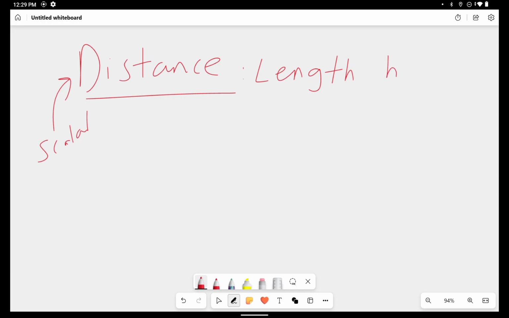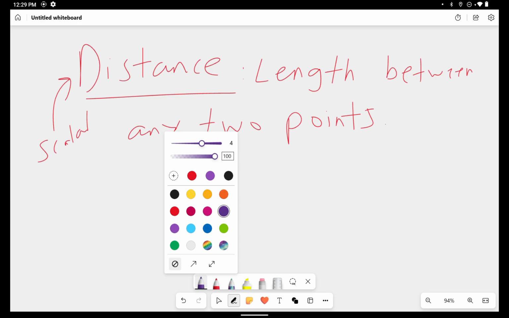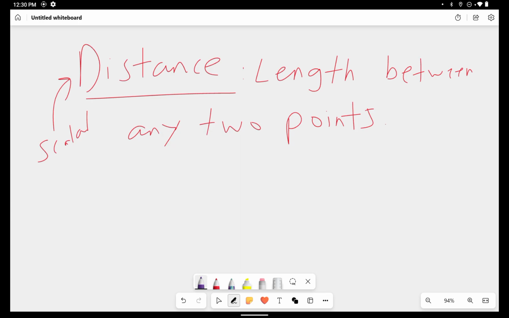Distance is the length between any two points. We'll have an example afterwards before we define displacement. So distance is called the length between any two points. Now displacement, and we can then have a contrast between the two to make things clearer. Displacement is defined as the shortest distance.